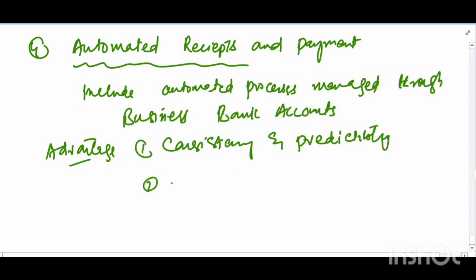The second one is reduced administrative effort. And do you know what the examples of this method are? We have two methods. Let me explain two examples.